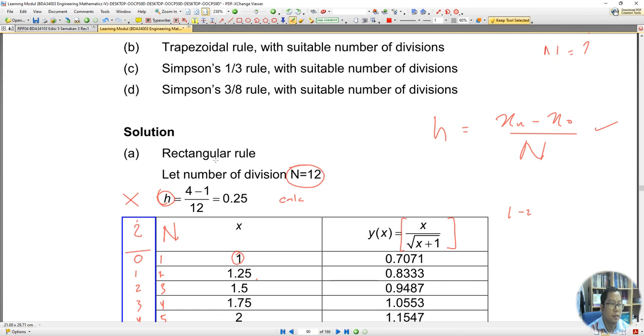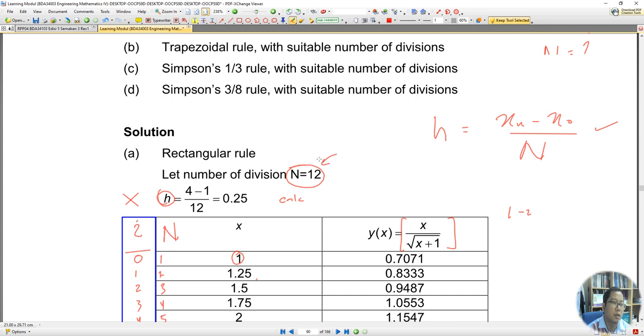Because there are some errors in this module, basically the n value should be given in the question. So by using rectangular rules, they let the number of divisions n equal 12.